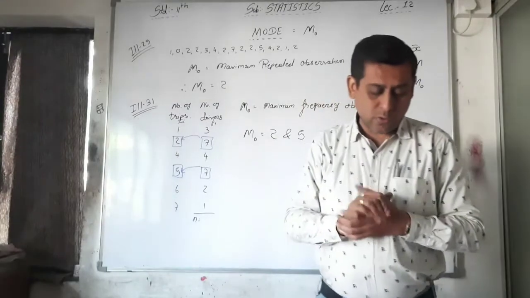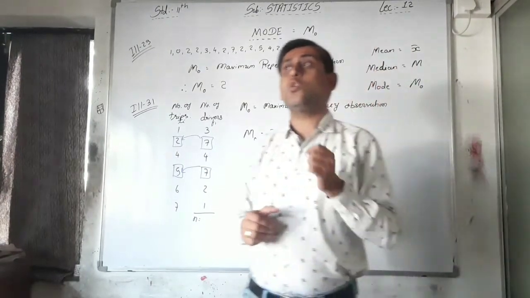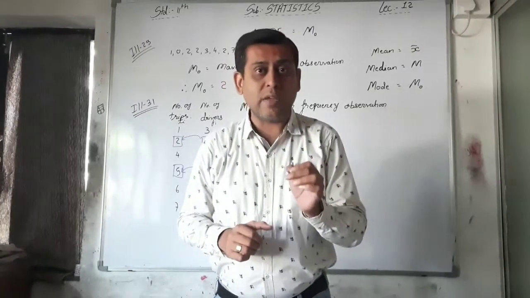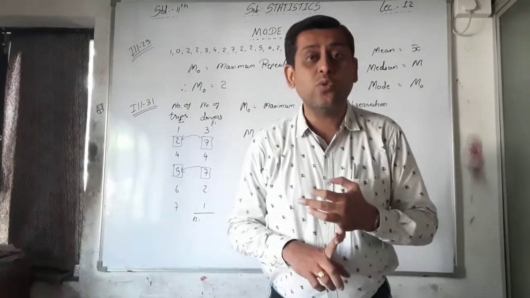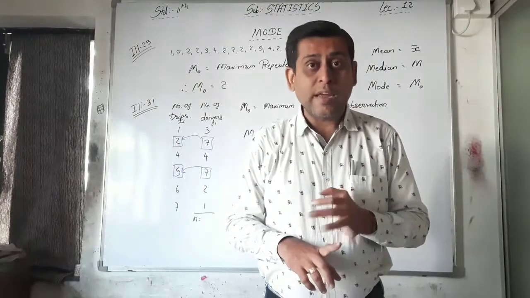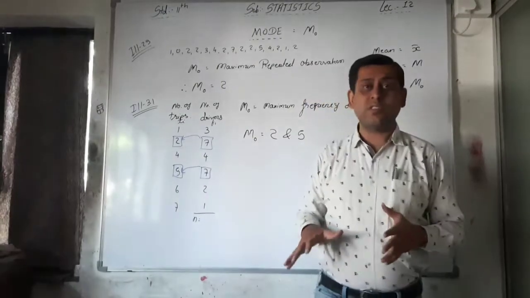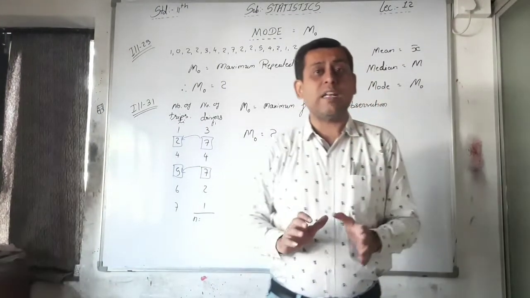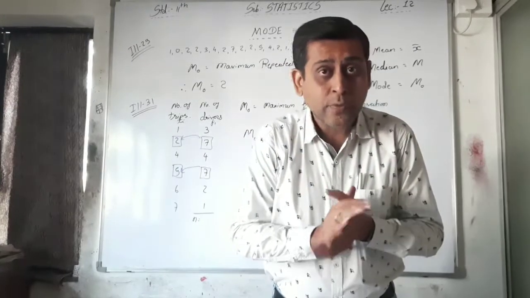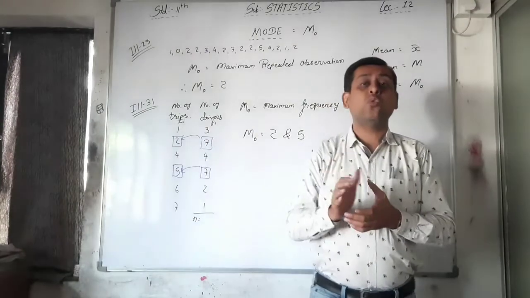Okay? But at the time of the empirical formula, I am giving you some points on when we have to use the empirical formula. In which situations? See, there are 4 or 5 situations. That means when the data is given, you have to inspect the data, and then you can find out which method you have to use.